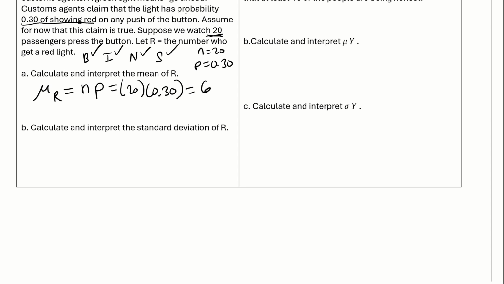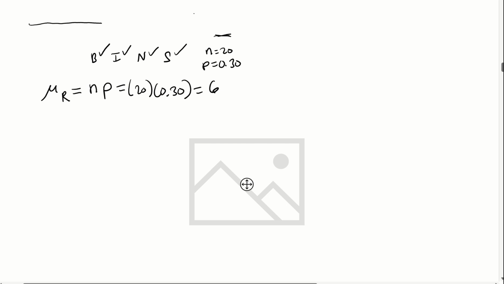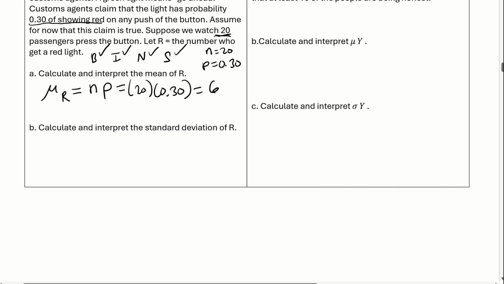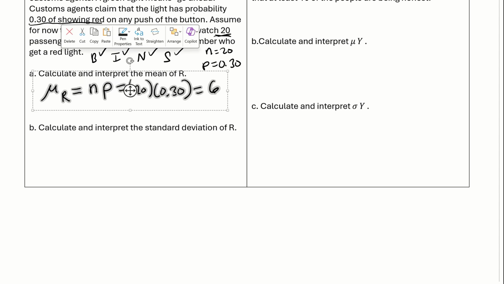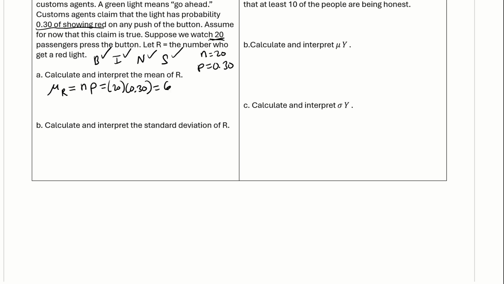I really shouldn't have written that so big here, so let me make this smaller. Okay, that's better.